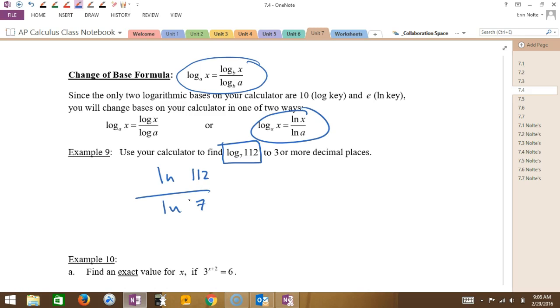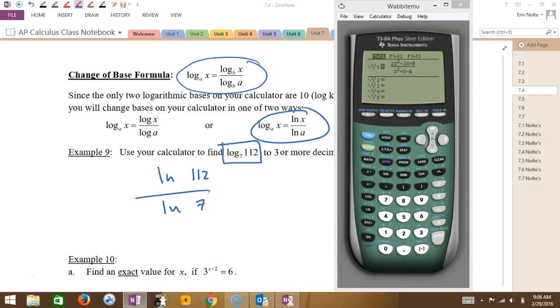Does everybody know how to find the change of base formula on your calculator, and then that special button you push so you can see the actual logarithmic form? There we go.